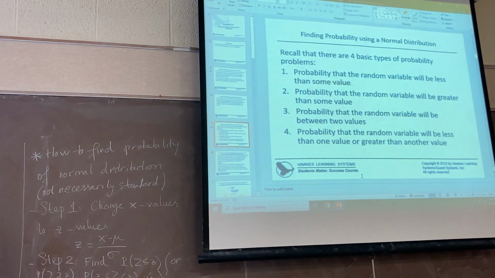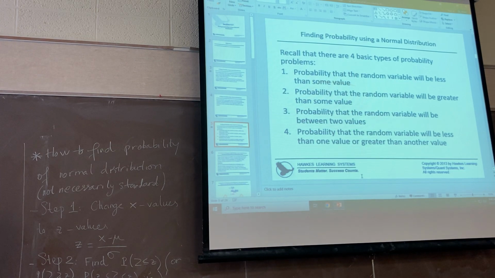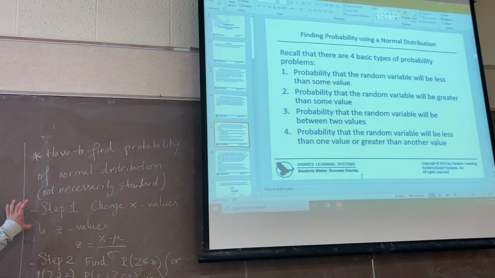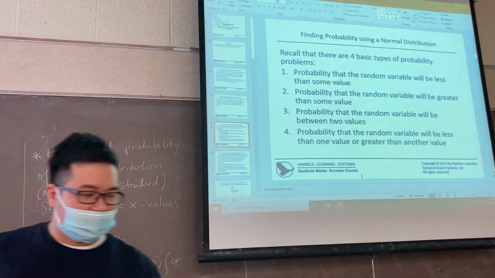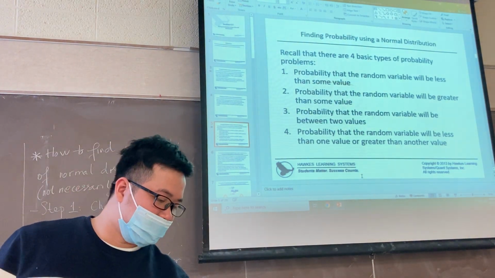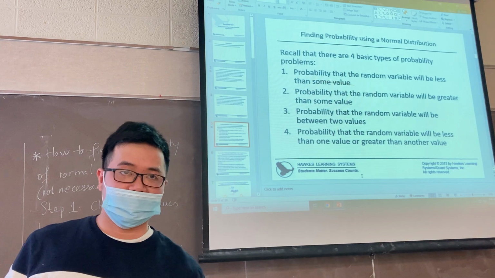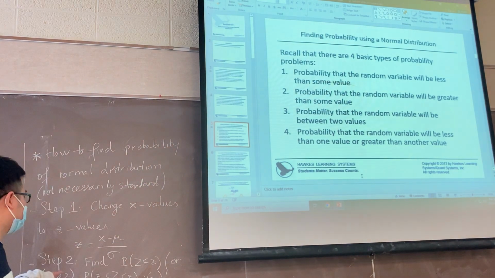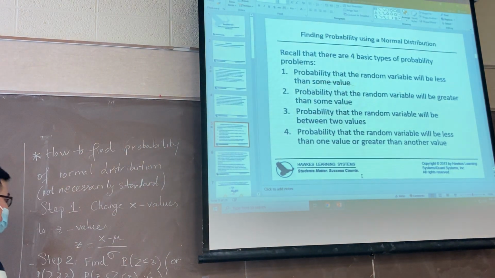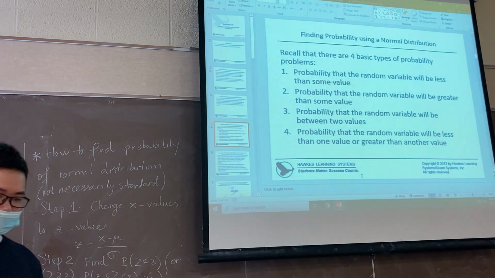But the first step is very important, because you need to change the X value to Z value. When you change this, you can find the probability in the table here. If you don't change, you cannot find the probabilities of Z. That is the step.